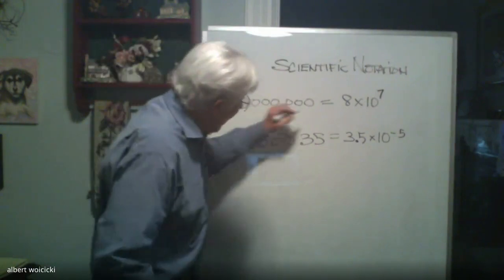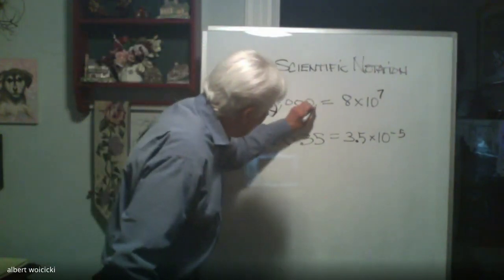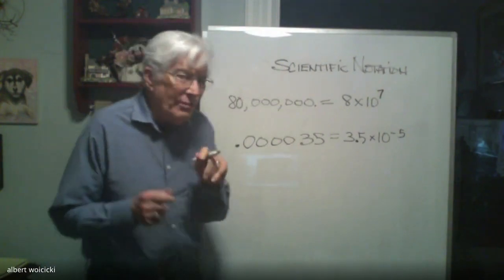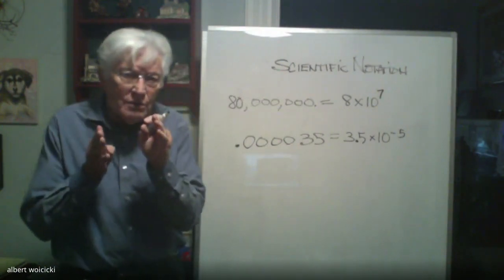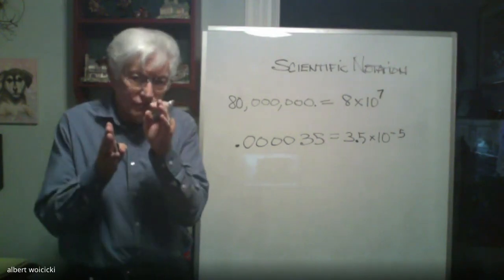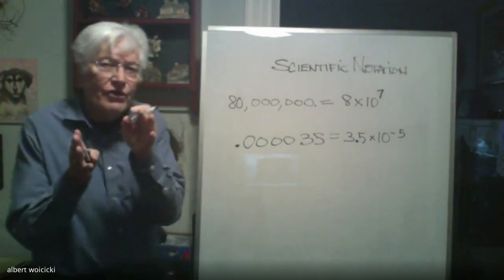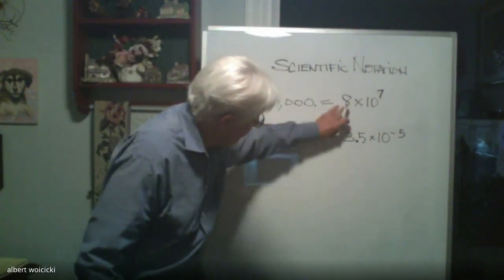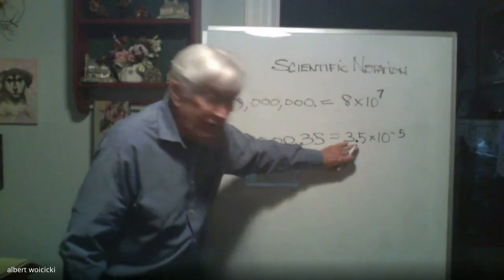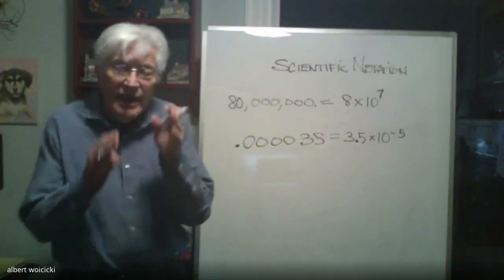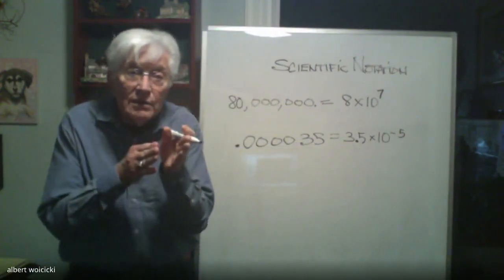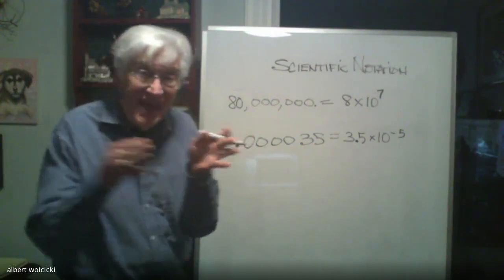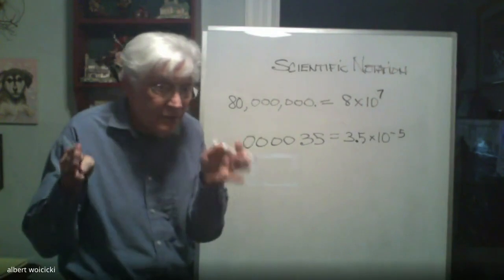Well, I look at where the decimal starts, and I'm going to move the decimal into a position so that the new number, the 8 here and the 3.5 here, is between 1 and 10.